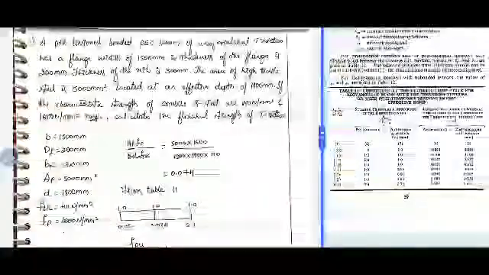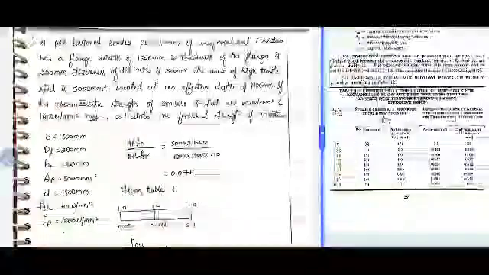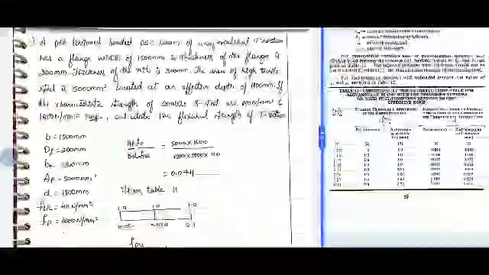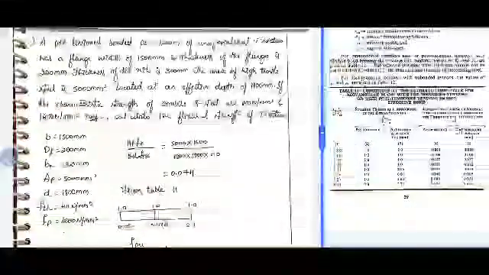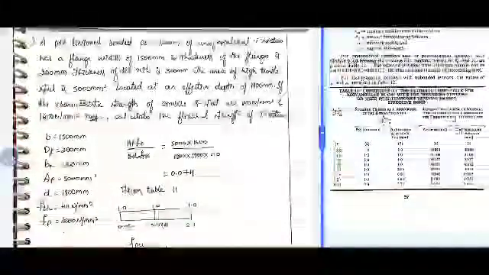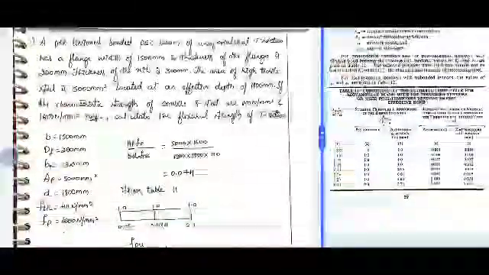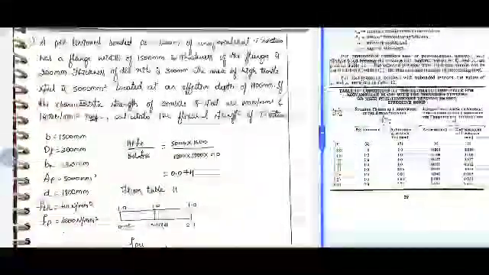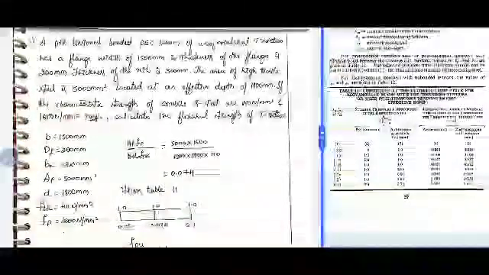Here first let us take down the given data. B, the width of flange, is 1500 and depth is 200 mm. Width of web is 300. Area of pre-stressing steel is 5000 mm square and effective depth is 1800 mm. FCK is 40 Newton per mm square and FP is 1600 Newton per mm square.